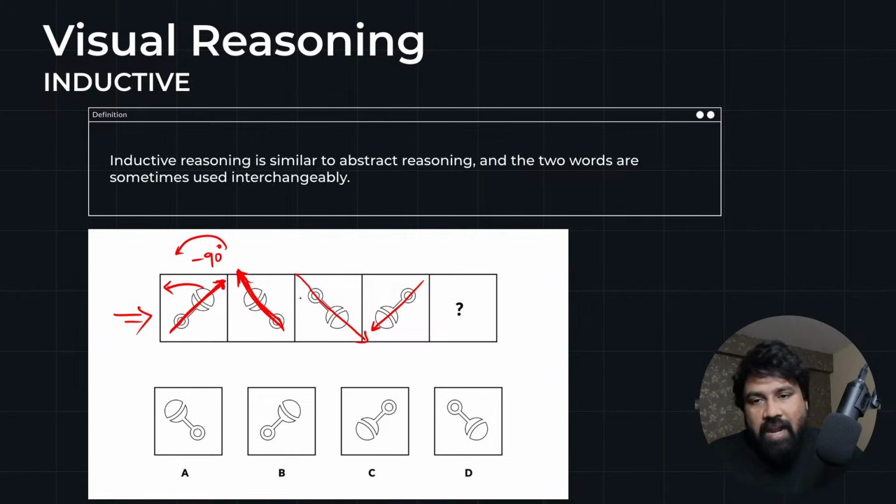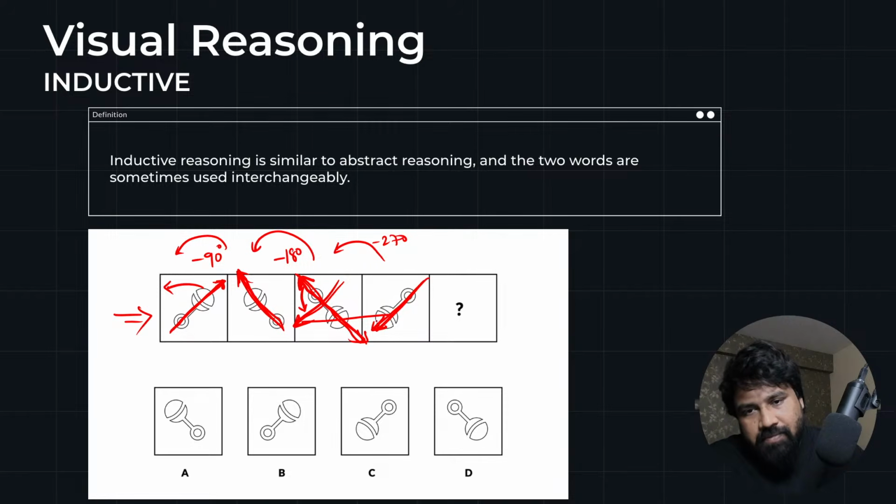Next, if it is turned anti-clockwise 90 degrees, it needs to show like this. But it is showing like this, which means it is turned 180 degrees anti-clockwise. So whether next time it is turned 270 degrees anti-clockwise or not. 180 degrees anti-clockwise is this direction and 90 degrees is this direction. So exactly matches. So 270 degrees anti-clockwise: 90, 180, 270.